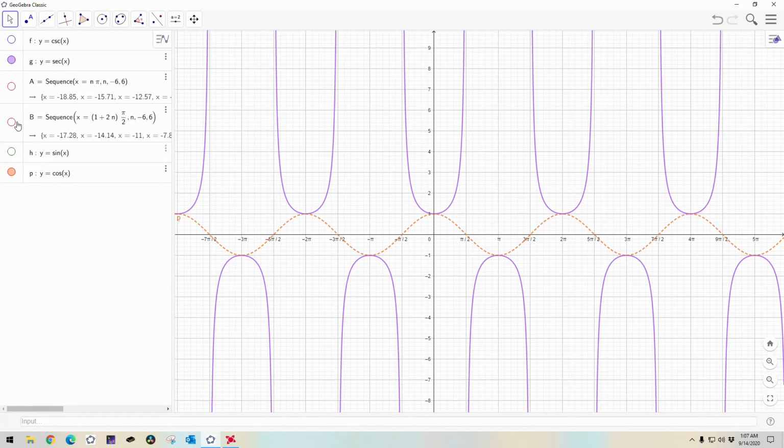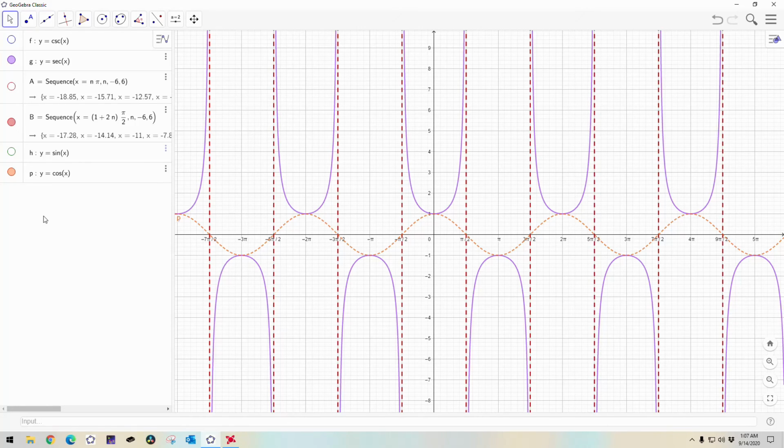And of course there are asymptotes for the secant. They happen to be at pi over 2, negative pi over 2, 3 pi over 2, negative 3 pi over 2. And again, the way I programmed it was 1 plus 2n times pi over 2. That does give us the pattern for all of the asymptotes that are not in the domain.